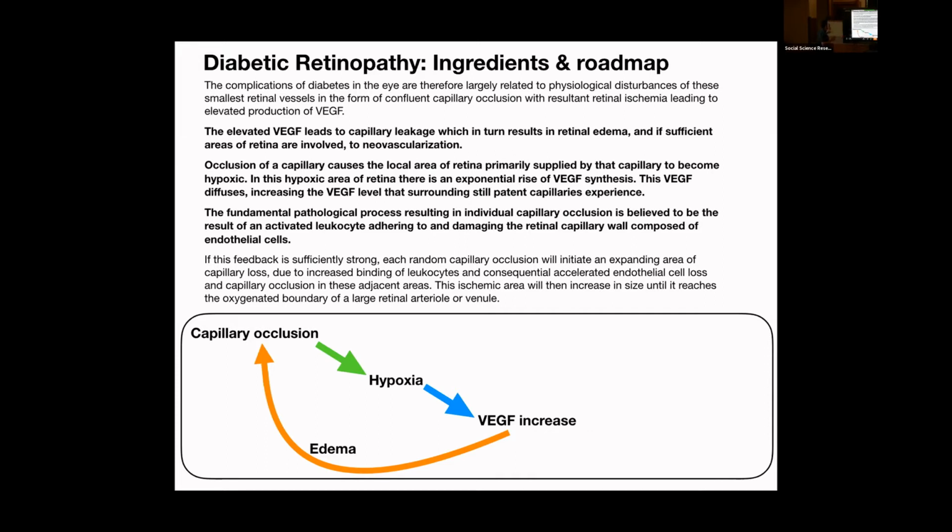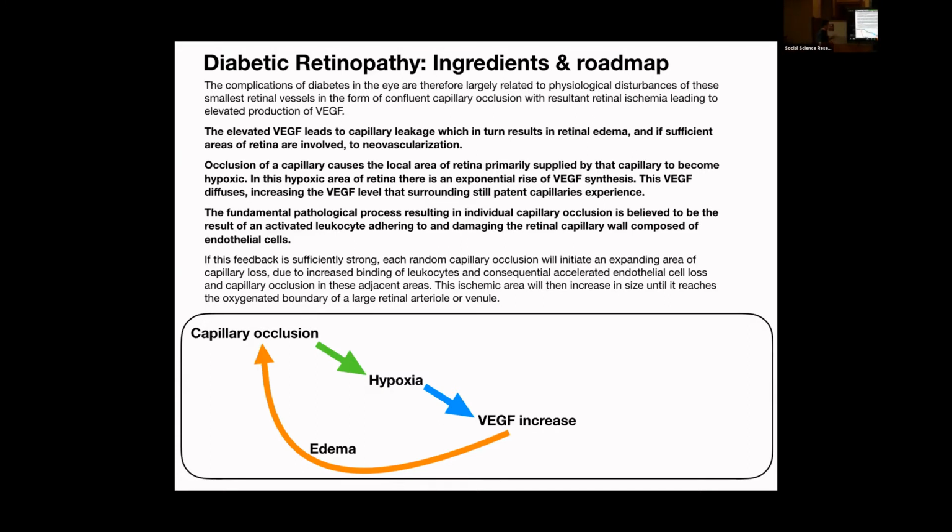So the idea that Professor Glaser and one of his former PhD students were working on is that when you have capillary occlusion, which happens when you have diabetes, leukocytes go into the capillary and don't allow the proper flux, so you can get capillary occlusion. Then you have hypoxia because the oxygen is not going to where it has to go.